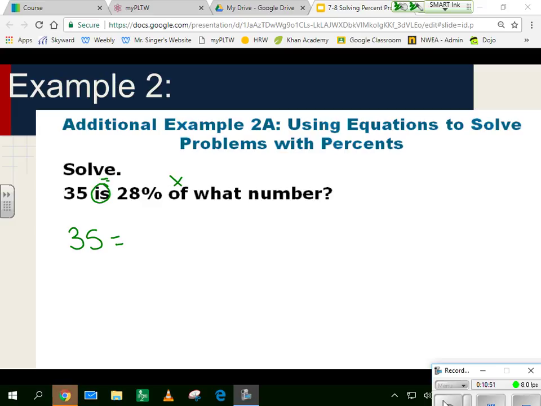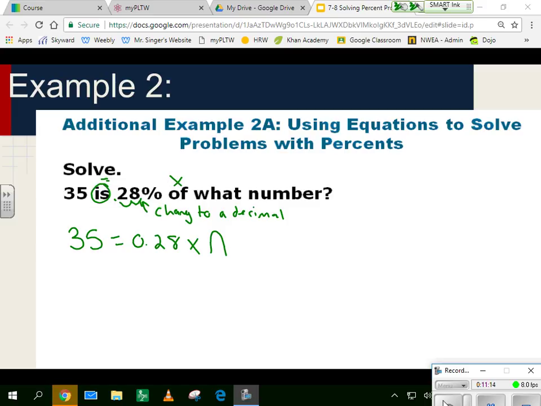So we know that with a percent, we have to change it to a decimal. So that means we've got to move the decimal point twice. So we get 0.28. Okay. We're going to multiply by what? We don't know, so let's use the letter n as our variable.